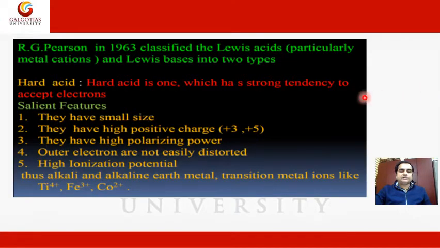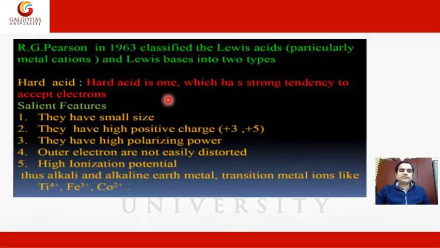Now, in 1963, as we discussed in the previous slide, they classified Lewis acids, basically metal cations, and Lewis bases into two types. First is the hard acid. A hard acid is a species which has a strong tendency to accept electrons.